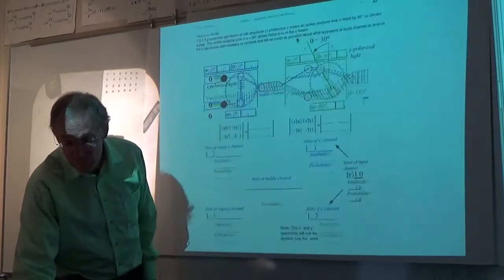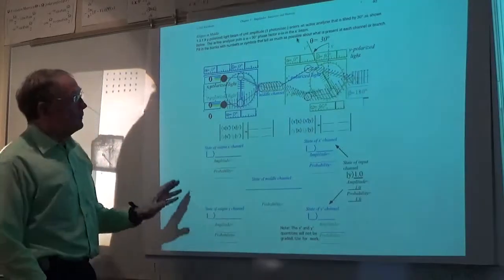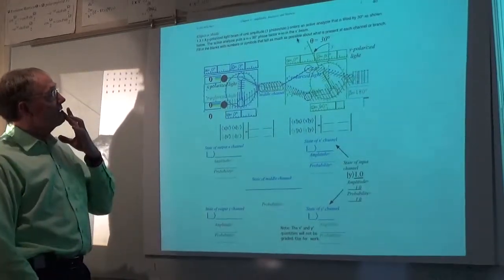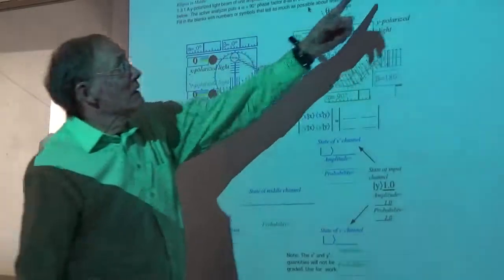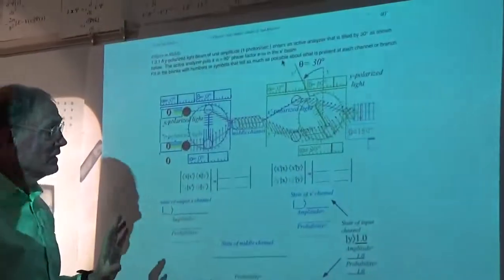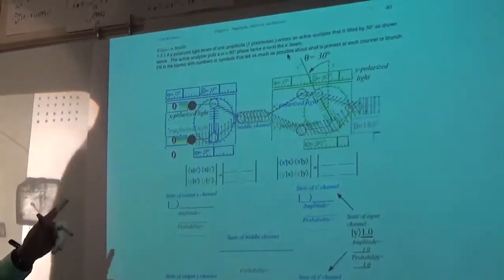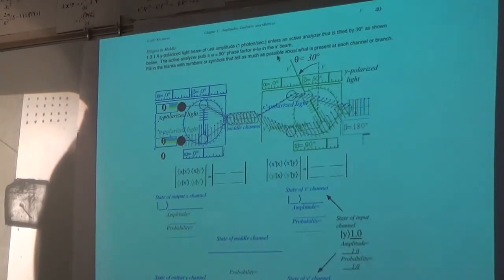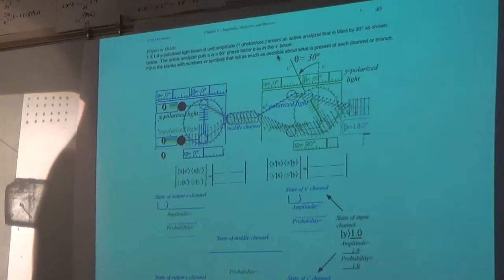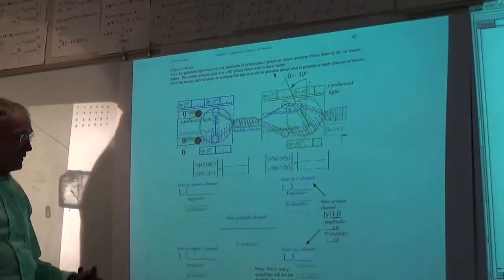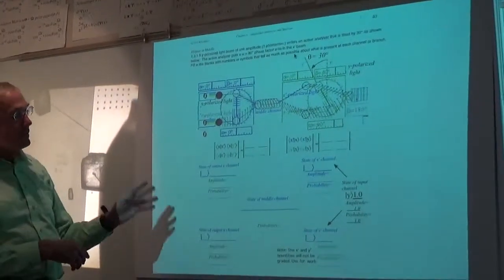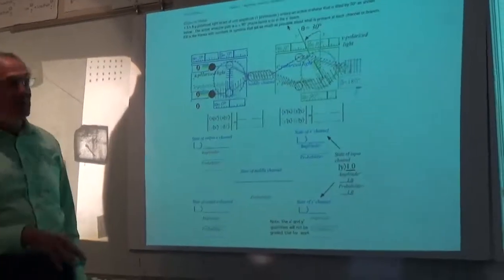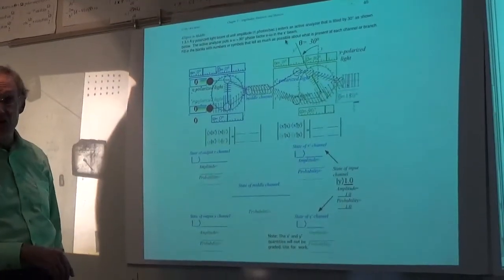Okay, this is the problem that I would have you look at. It's on page 40 of the text. I'll go ahead and print this out so you can just write on it. And you go through this, you'll have redone everything that we've done in the lecture today.